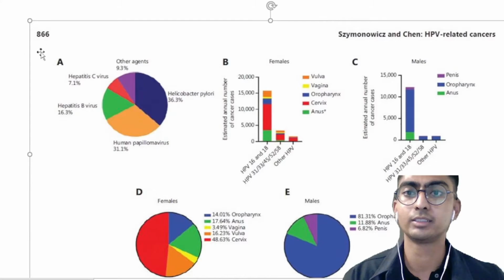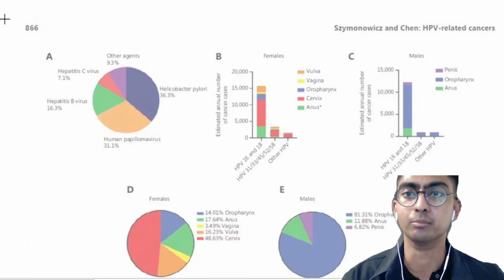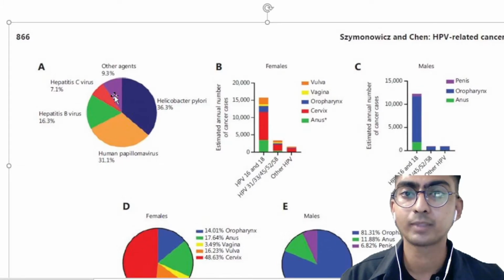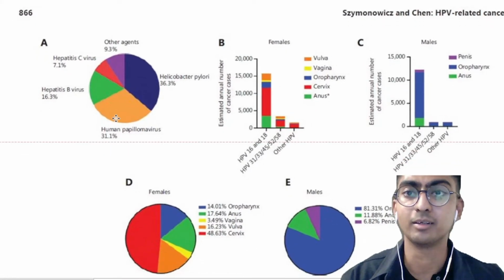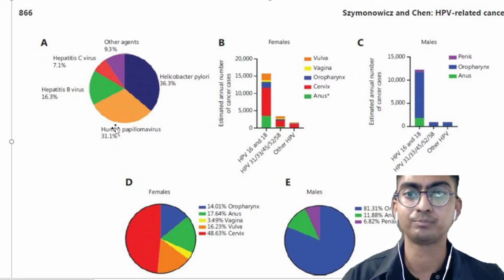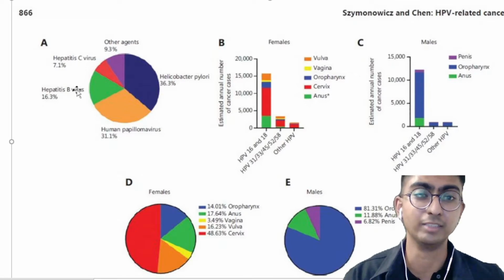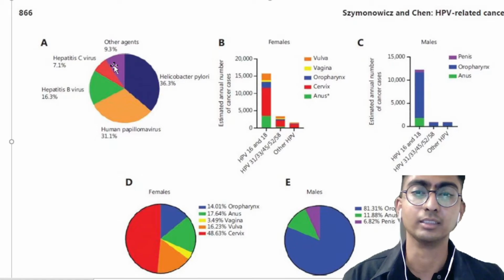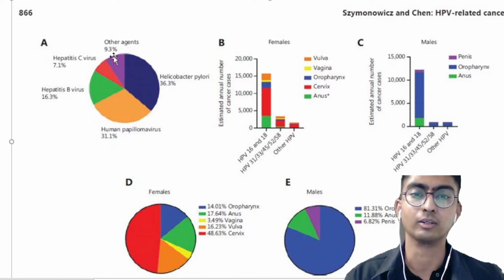So in this chart here, we can see that the most prominent one is not HPV, but instead Helicobacter pylori, which is the most common one. And the next one is HPV. And then following two are hepatitis B virus, hepatitis C virus, and then there is still a small group of unknown that we suspect to be caused by viral infections.